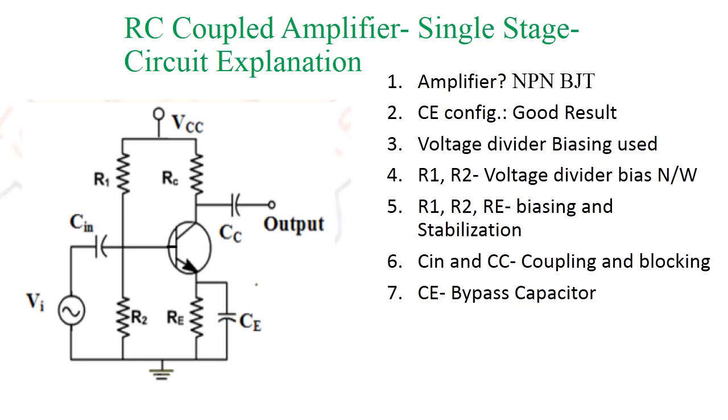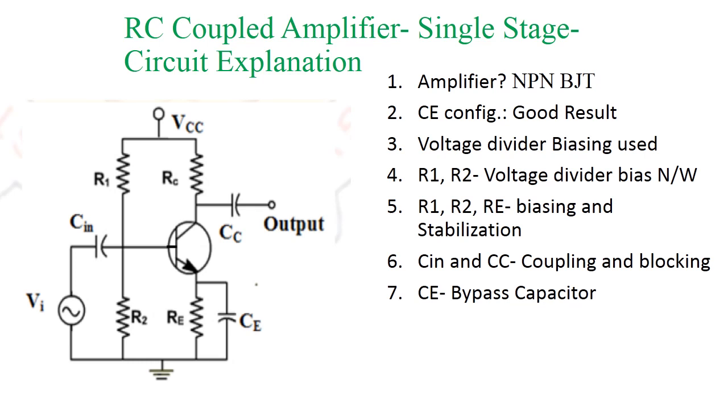So the input AC Vi is applied between base and emitter. Output is taken across collector and emitter. So the emitter is common for input and output. So the common emitter configuration is used here.